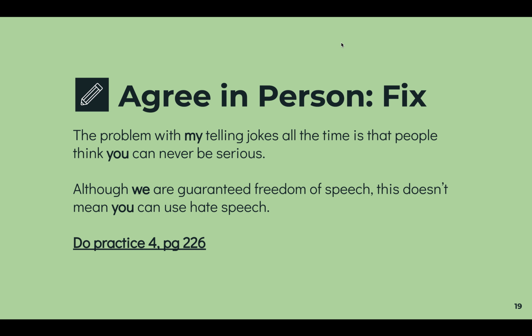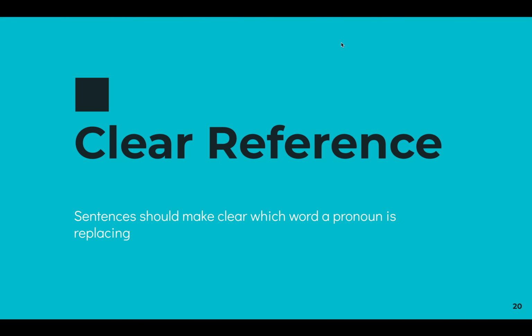If you want to include yourself in that, then you would say we. Although we are guaranteed freedom of speech, this doesn't mean we can use hate speech. Okay, they have to match or agree in person. If you go back and do practice 4, page 226, that will give you some practice making pronouns agree in person.